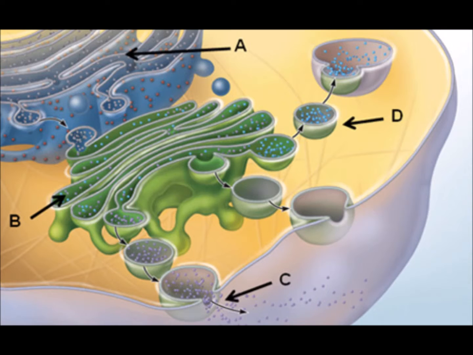The membrane proteins have a similar pathway, but differ when they reach the plasma membrane. When they reach a plasma membrane in transport vesicles, the protein is not released to the outside of the cell. It remains fused with the plasma membrane.